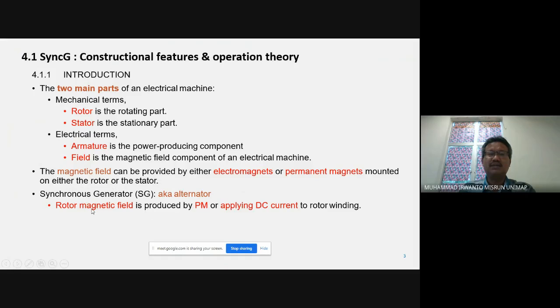I repeat again that the rotor magnetic field is produced by a permanent magnet, constructed on the rotor with north and south poles, or by applying DC current to the rotor winding.